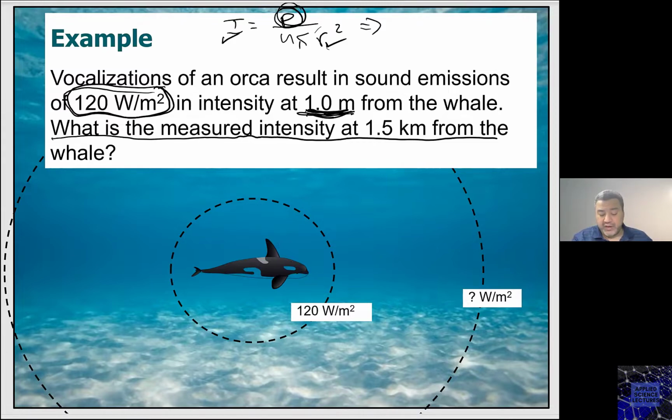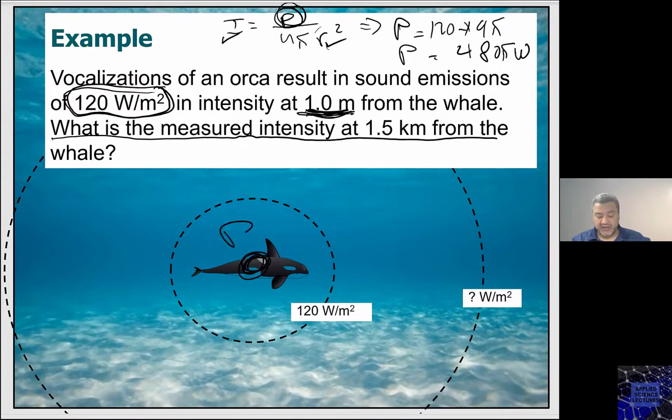So here I can calculate the power: the power is 120 times 4 pi, and R is 1, then the power is 480 pi watts. This power generated by this whale is not going to change; it's going to be the same.